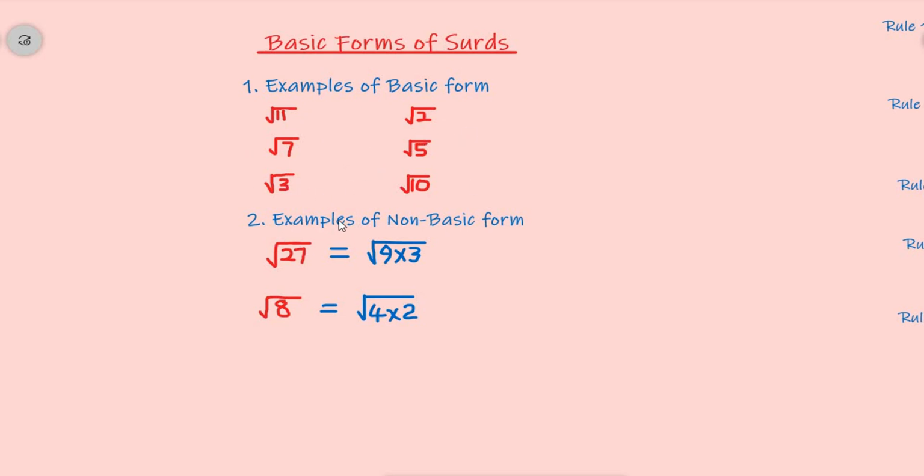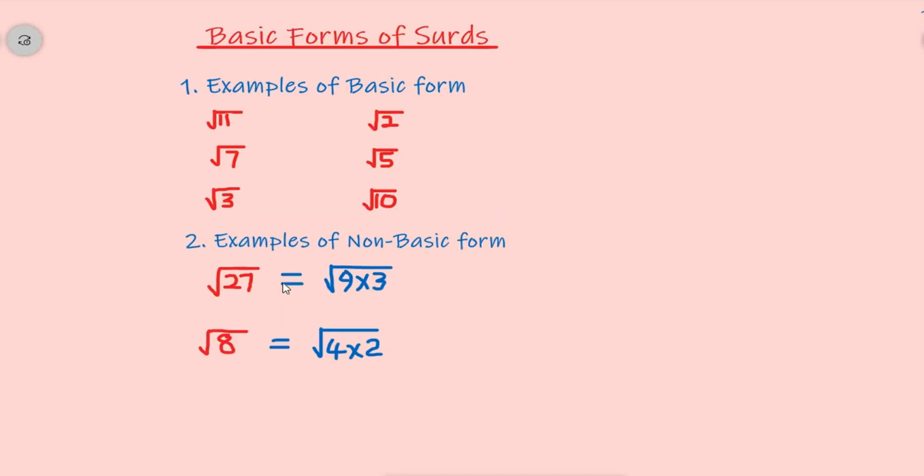But look at these examples of non-basic form. We have square root of 27 is equal to 9 times 3. A non-basic form can be broken down into two factors, where one of them has an exact square root.